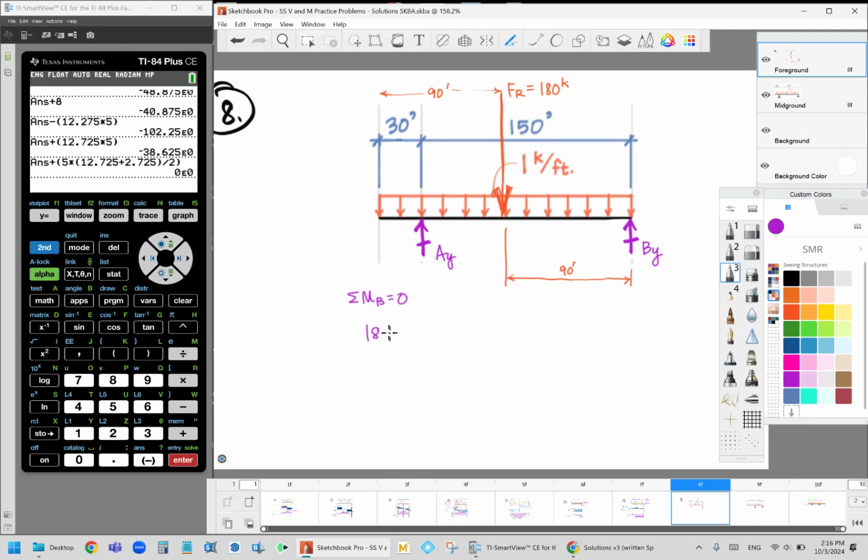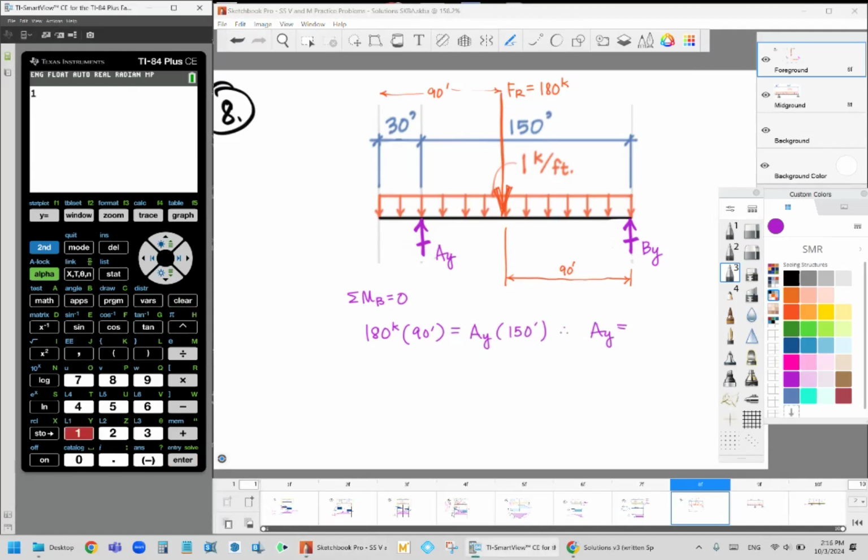I have my resultant force, 180 kips at a distance of 90 feet, and that has to balance out A sub y. Qualitatively, I know it's upward at a distance of 150 feet from B.